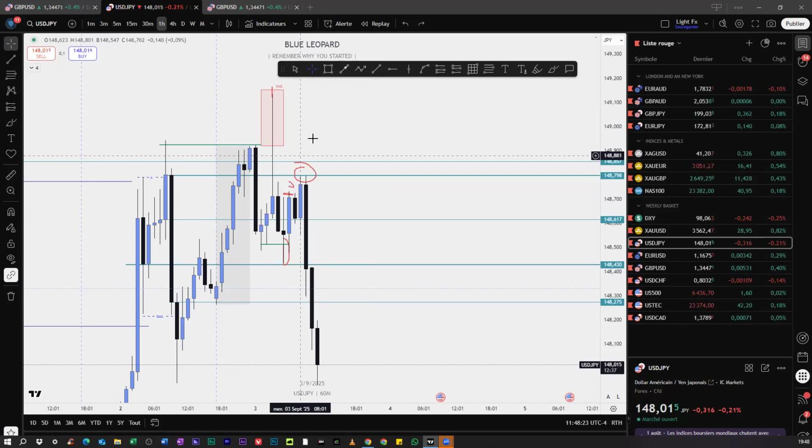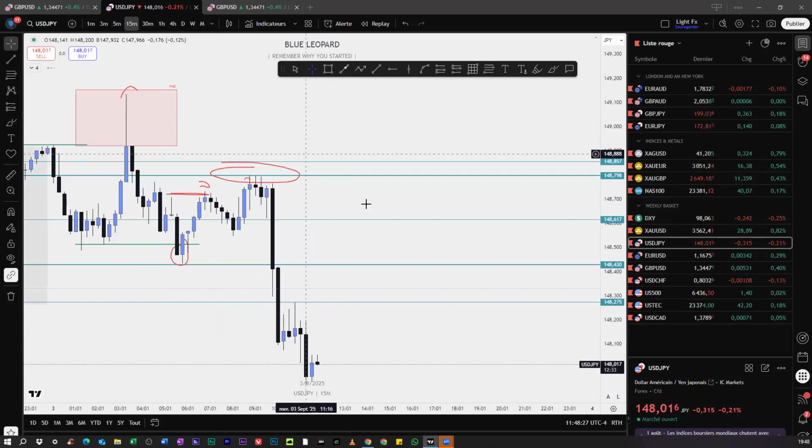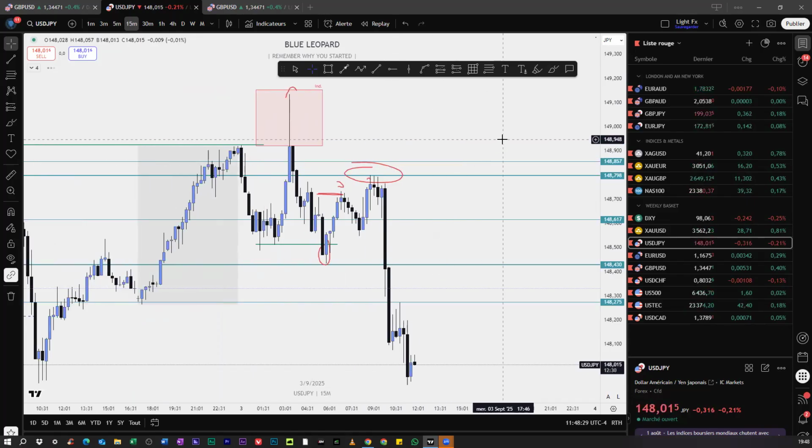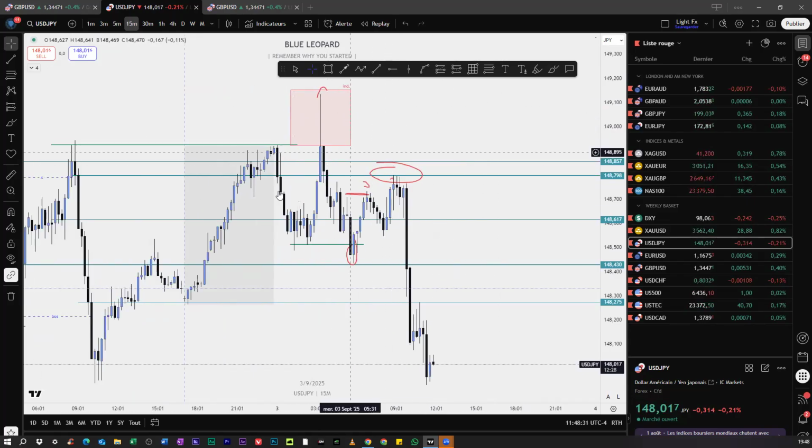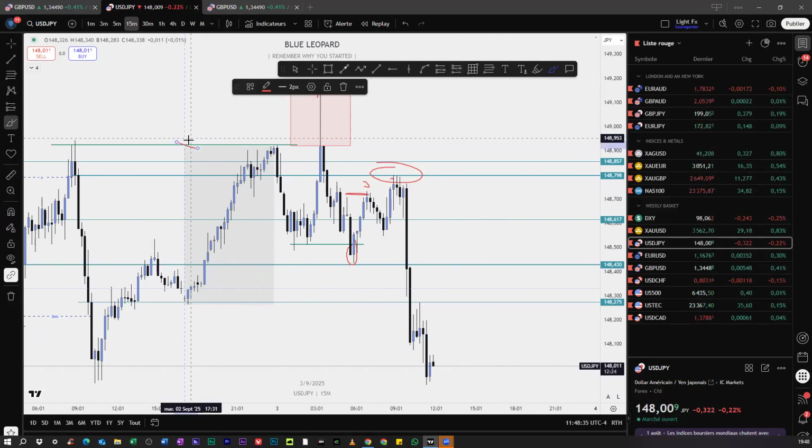Okay, so now even if I lose the trade, I always know why, what I did wrong. On this trade, I did not take into consideration to prepare for the Asian high. It's USDJPY. Asian high should mean something.